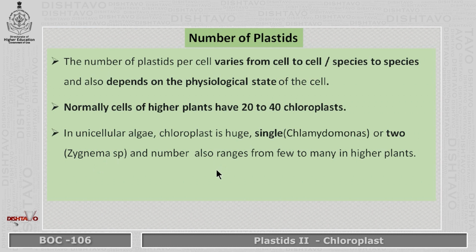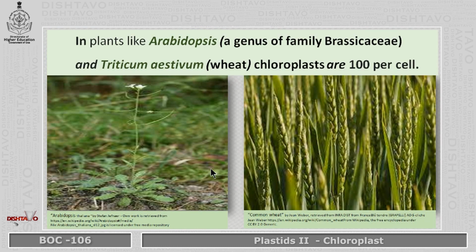It differs from plant to plant species. We have here Arabidopsis, which belongs to Brassicaceae, and Triticum, that is wheat. These plants have 100 chloroplasts per cell.